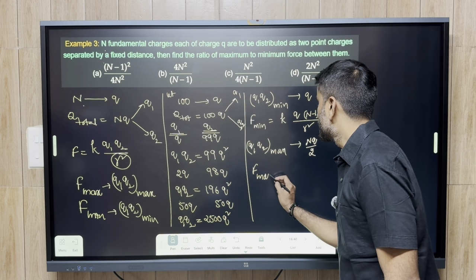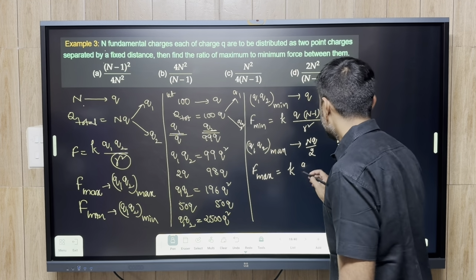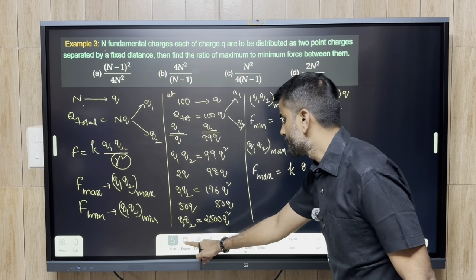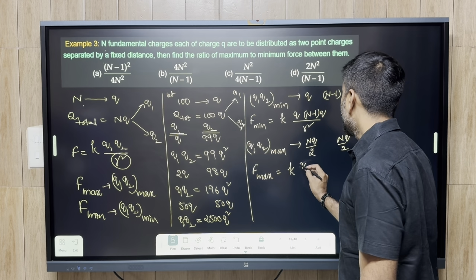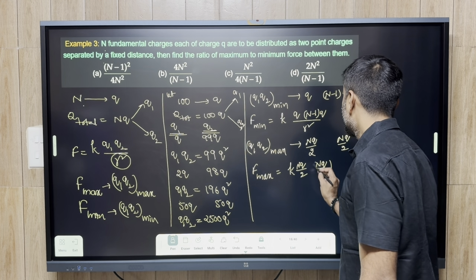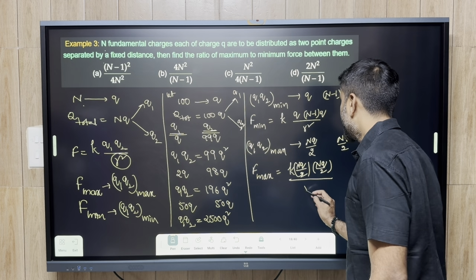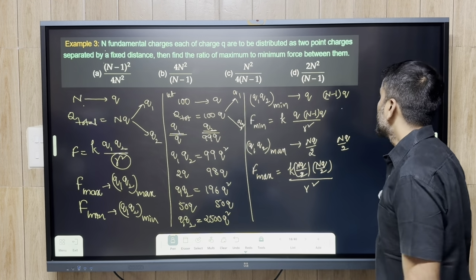Now F max is equal to K nQ by 2, nQ by 2 divided by R square again, because the distance between them is unchanged.